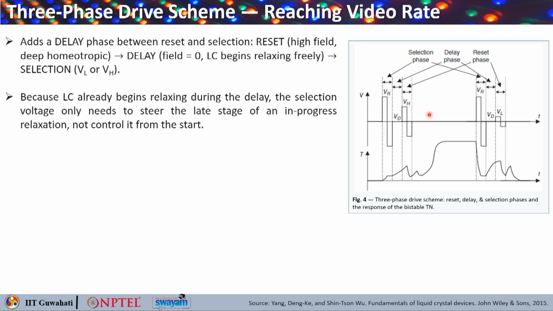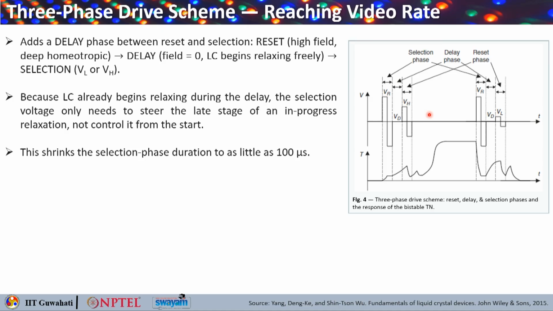Now because liquid crystal already begins relaxing during the delay phase, the selection voltage only needs to steer the late stage of an in progress relaxation rather than controlling it from the very beginning.